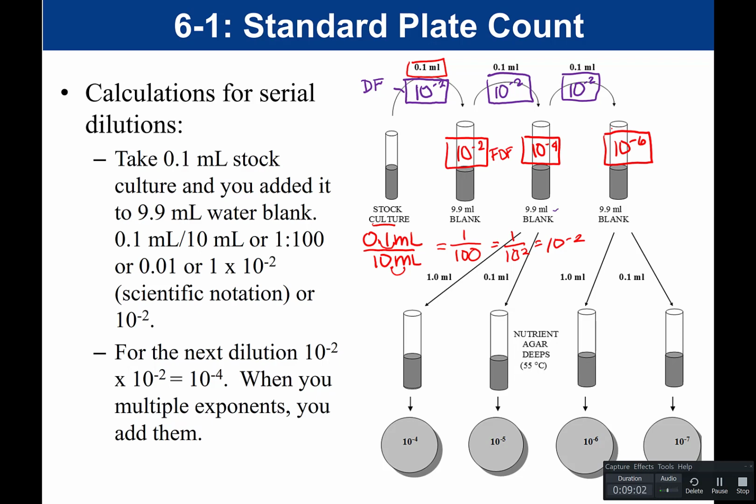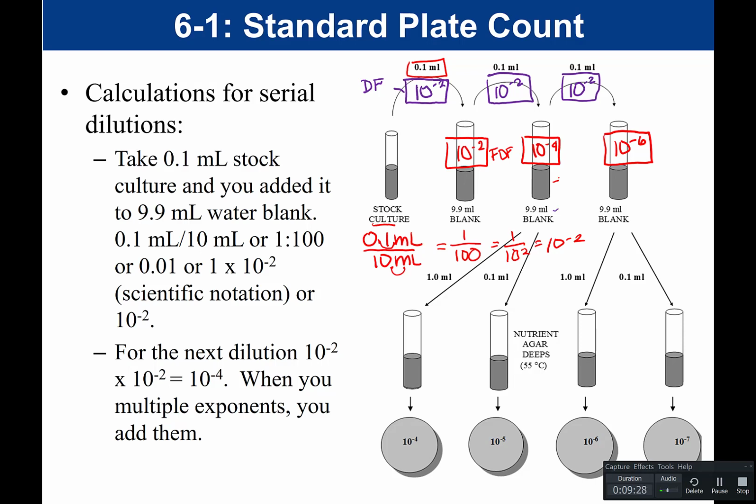So the difference between the dilution factor and the final dilution factor: the dilution factor is the amount that you're diluting each time. The final dilution factor is the dilution in that tube, and that takes into consideration the dilution that was before it. So this second tube started with 10 to the negative 2.